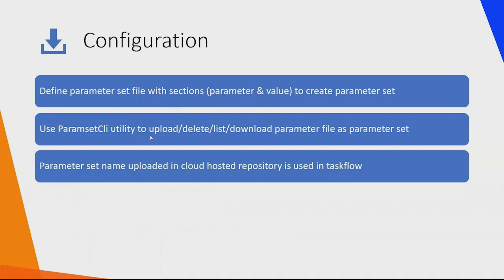The different options that it comes with are upload, delete, list, download, which we will see further in the presentation. And the parameter set has to be uploaded with some name, and that name will be defined in the task flow, where we will call that parameter set, which we will see further.